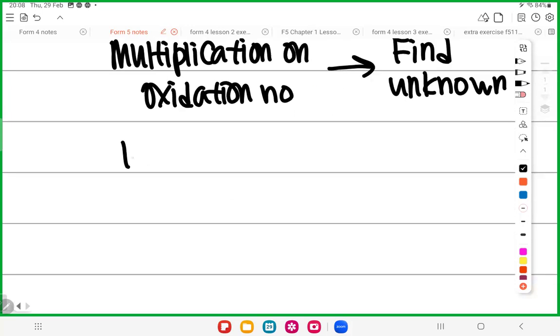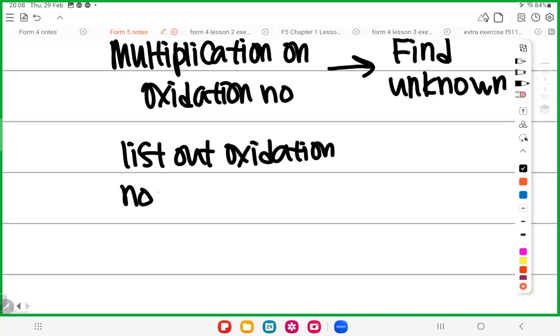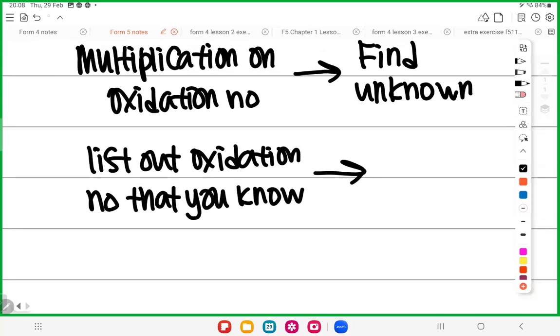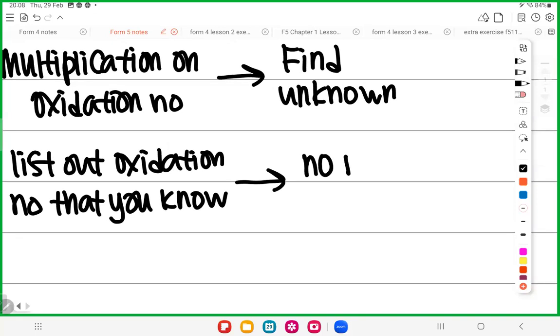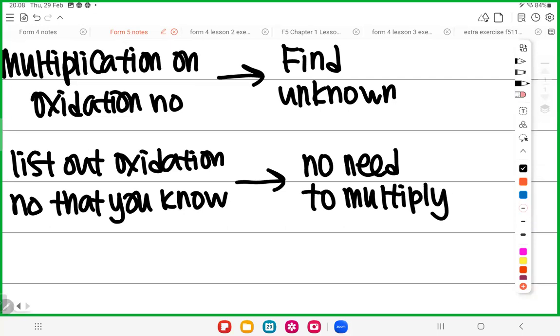But if they only want you to list out the oxidation number, and I already know the oxidation number, then no need to multiply. So I hope everyone here understands when you should multiply the oxidation number.